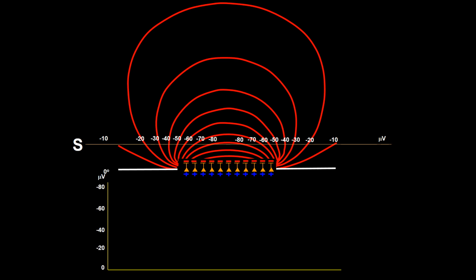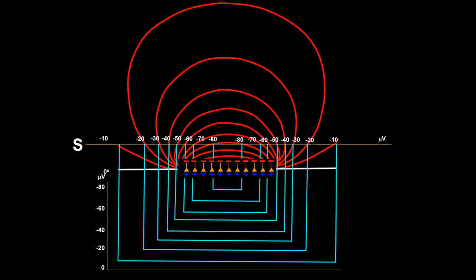The first step is to craft a graph with voltage on the y-axis and a space corresponding to the isopotential lines on the x-axis. Then lines are drawn linking the corresponding isopotential lines, that is, joining the negative 20 microvolts isopotential line on one side and the negative 20 microvolts on the other side.